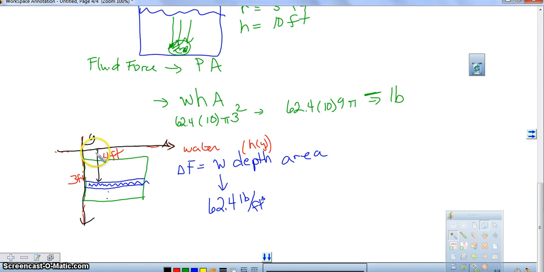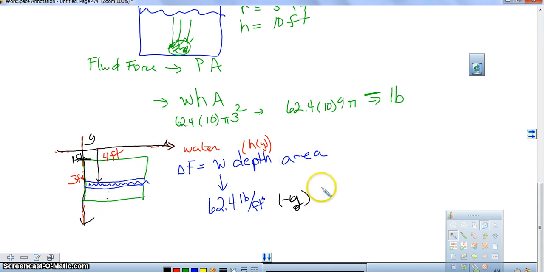Its depth would just be, depending on where I drew it, negative y. Now if I drew it differently, your depth might be different than mine, but we should still get the same answer. I'm going to, by the way, let's just say that this is down 1 foot. So let's say that the top of this plate is 1 foot below the water.